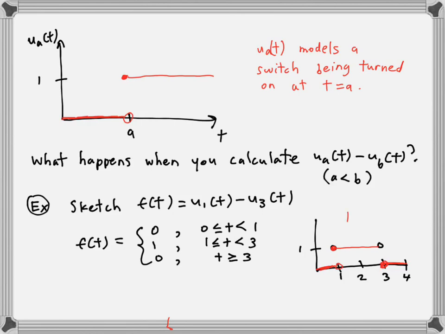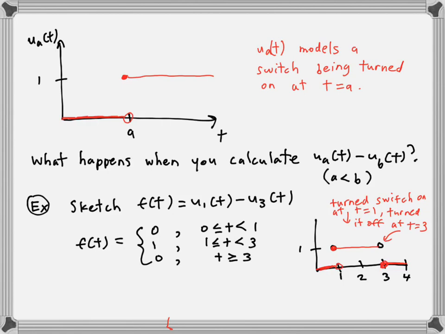So it's like we turned the switch on at t equals 1, and then we turned it off at t equals 3, right?